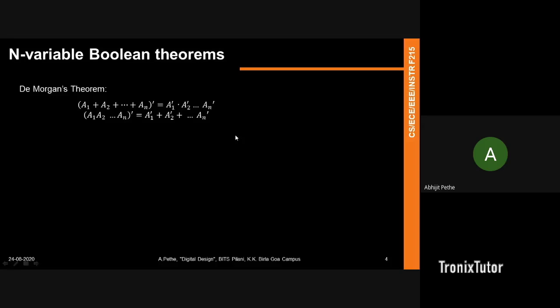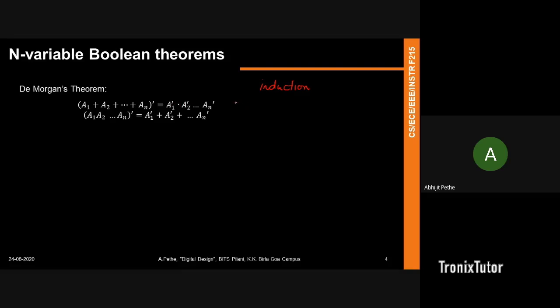And then the other thing you want to think about is De Morgan's theorem, which we looked at for two variables, can be extended if you use induction. You can prove it for yourself that you can extend this to multiple variables. So always remember that inversion of an OR function gives you an AND of the inverted functions, right?